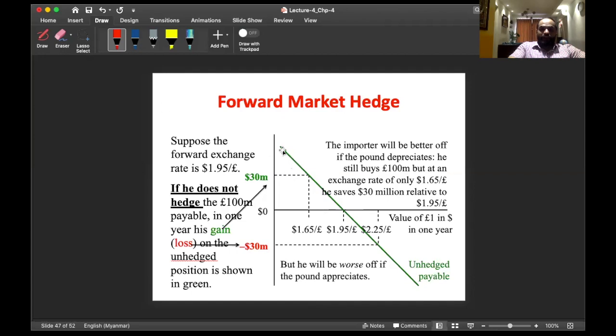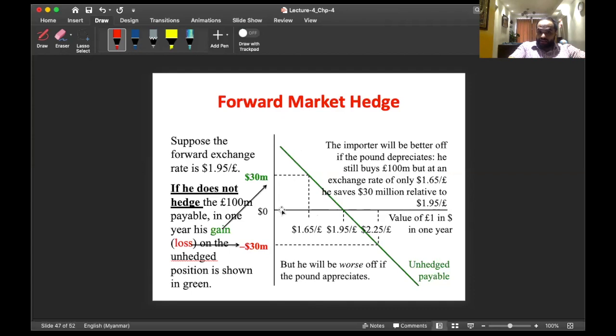If you are in an unhedged situation, you don't hedge, you don't sign. Hedging means entering a contract. If you are not entering a contract, and the exchange rate goes up, so this line is for spot, right?